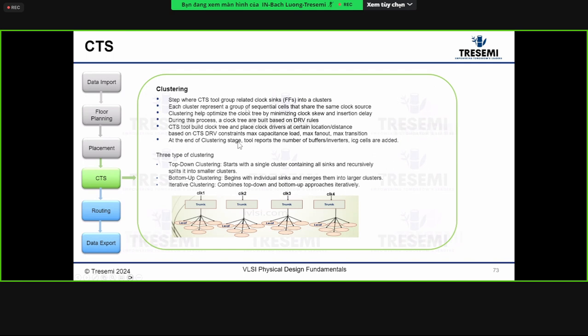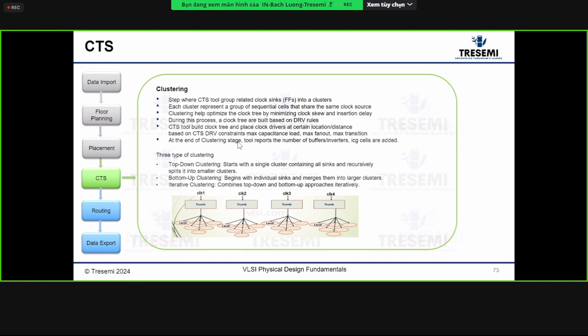You take all the endpoints, cluster them, put them together and place them nearby. This is just a simplistic way of representing different clustering. During this step, it only considers DRV. It doesn't look at anything else. It builds this clock tree and clusters based on the DRVs.